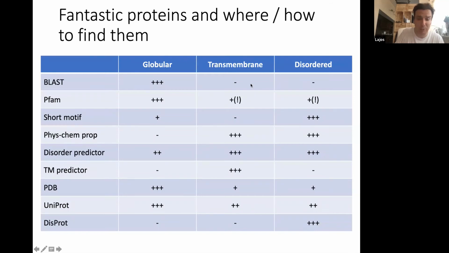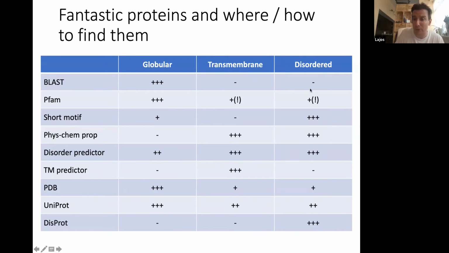If you have a transmembrane protein or a disordered protein, you have a much lower chance to find homologs. For a human enzyme in glycolysis, I think it's very easy to find even a prokaryotic homolog. Anything from Drosophila to the mammals will be so conserved that you will find it.